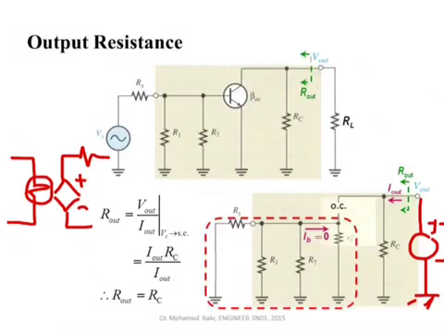So we would love to try to make this R out have ideal values, otherwise we end up with a problem. This is if you have a voltage controlled voltage source. In this case we have a current controlled current source, so we try here to make RC as high as possible.